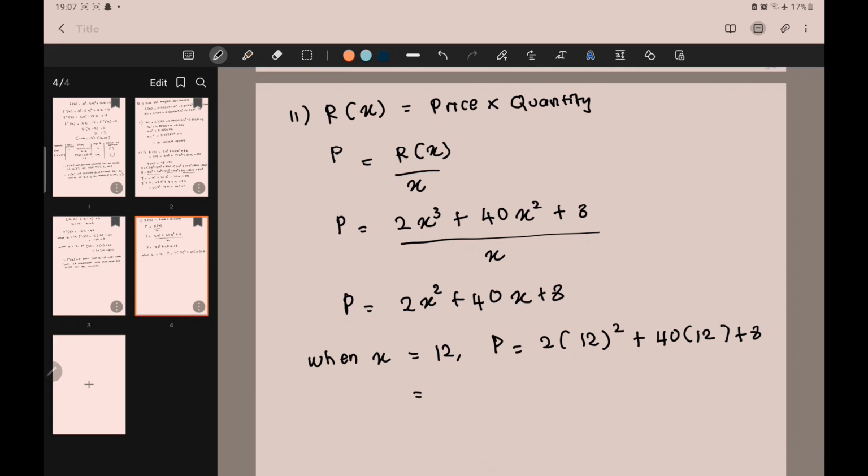And we get the answer 776 per unit. We can conclude the price is RM776 per unit.